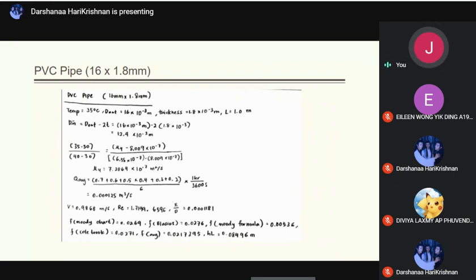Blasius we have 0.0276. Moody formula 0.00536. Colebrook we have 0.0271 and the average we have 0.021739. The head loss that we have obtained for PVC pipe 16 times 1.8 millimeter is 0.08496 meter.